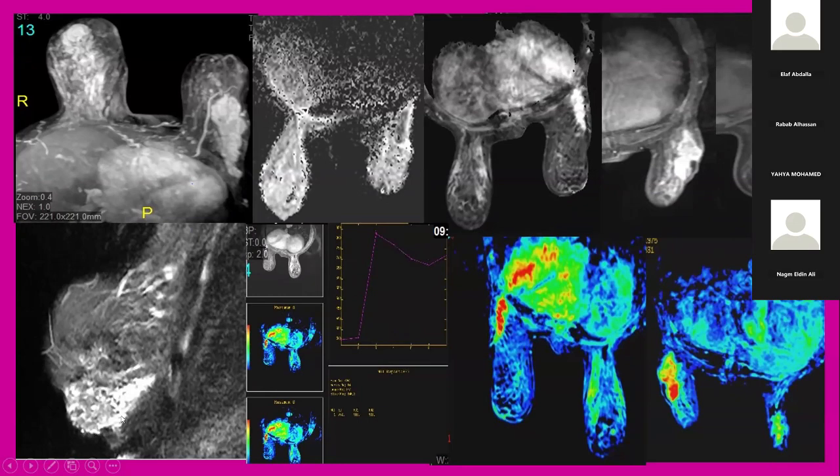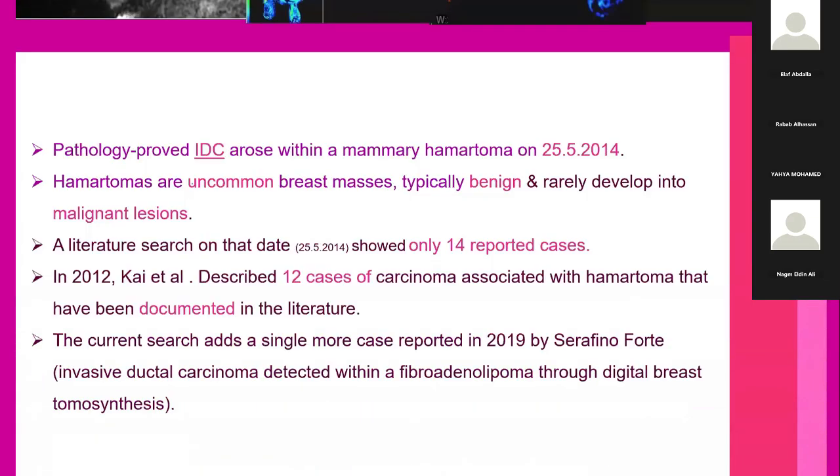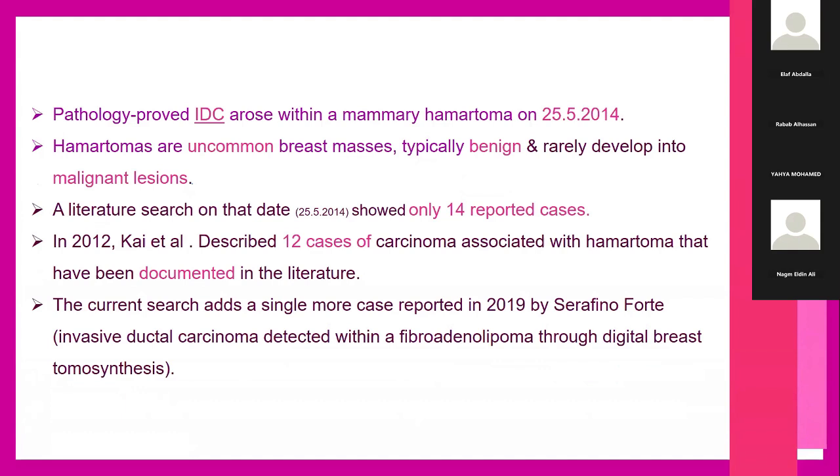Can you see the lesion bulging beyond the skin, with skin retraction, without frank ulcers? So it was pathology proven invasive ductal carcinoma that arose within a mammary hamartoma, on the 25th of May 2014.